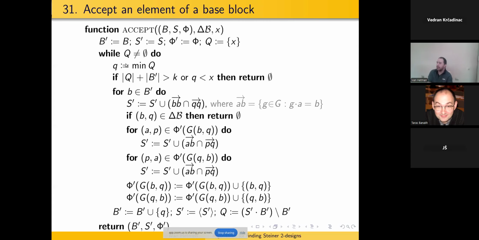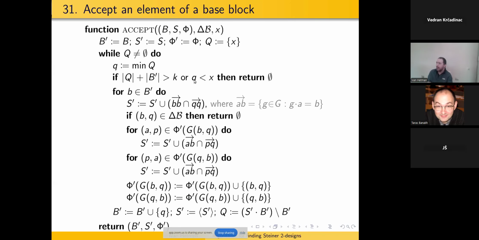Okay, what do we do then? We select a minimal element from this queue. Then we check whether the queue and the current block together have cardinality more than k. This means that this can be a base block, but not a base block of cardinality k, so we can just show that this element x cannot be added.